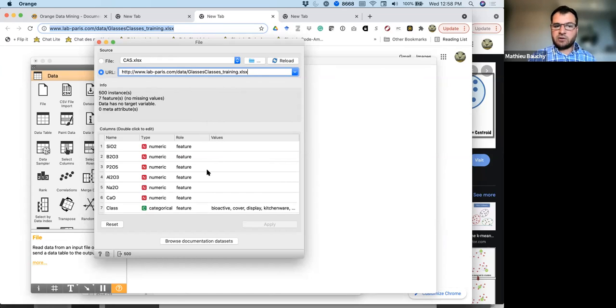And now the difference is that you have more columns, and you have a feature that you want to predict, something that is going to be your target, your output. So when you load those data, you will need to say SiO2, that's numeric, and that's a feature. That's something you want to use as input. B2O3, that's numeric, that's a feature. P2O5, same thing. Al2O3, Na2O, CaO, those are all numerical features.